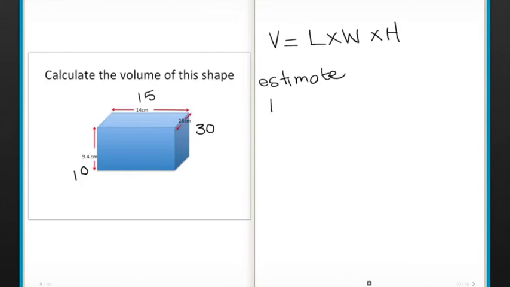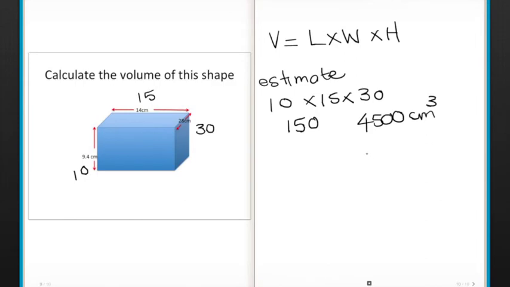So 10 times 15 is 150 times 30, well 3 15s are 45, so it would be 450, and there's an extra 0 on the 30. So it should be 4,500 centimetre cubed, somewhere in the region of that, if it's right.